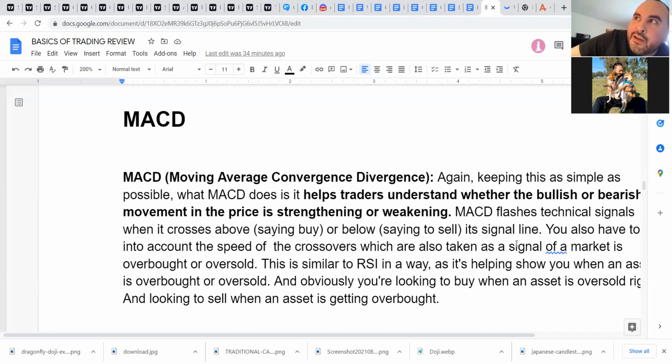I know Aaron and Austin use MACD and have had some good success with that. It's another indicator that helps traders understand whether there's bullish or bearish movement, if the price is strengthening or weakening. Personally, I don't use MACD at all.